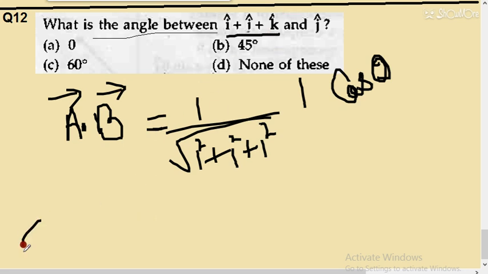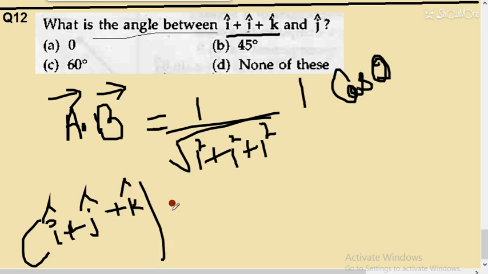Here I am finding i cap plus j cap plus k cap dot vector j cap.